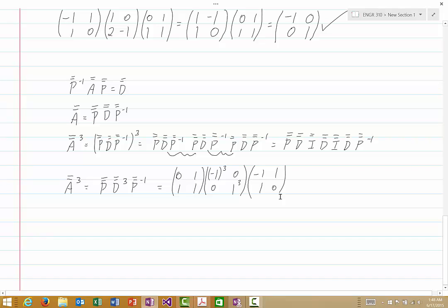So we would still only have to multiply 3 matrices together to calculate A to the 27th power, whereas if we calculated it directly, we'd have to multiply the matrix A times itself 27 times, which would be an awful lot of work. So this is a very attractive application of the idea of diagonalization.